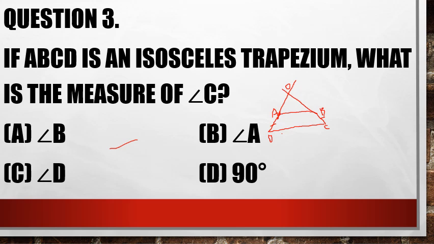Now, since OD and OC are of equal length, this bigger triangle is an isosceles triangle. Since it is an isosceles triangle, we know the angles opposite the equal sides are of equal measure.